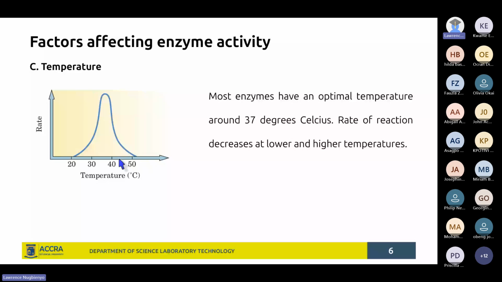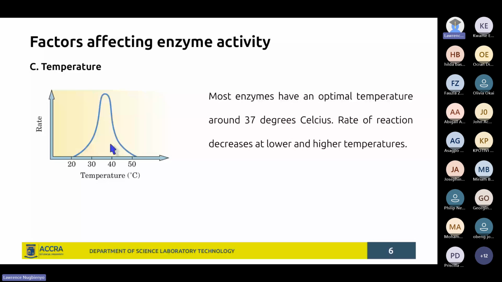For instance, you have some bacteria in the deep sea where petroleum is being drilled, let's say like Takoradi on the FPSO. Deep down, there are some bacteria that can withstand temperatures of even over 100 degrees Celsius. And so at those temperatures, those organisms are active.